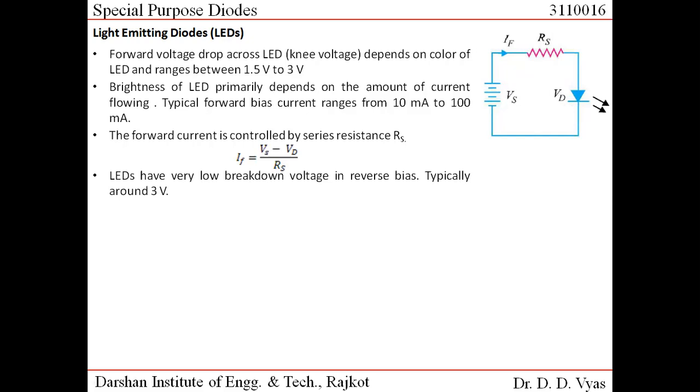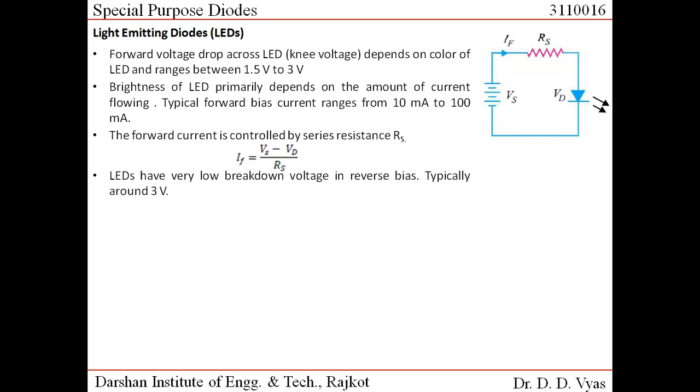It is important to understand that an LED has a low breakdown voltage when reverse biased. This is typically around 3 volts, a relatively low reverse bias voltage, and hence care should be taken that LEDs are not accidentally subjected to reverse bias voltage. Otherwise, there are all chances that the LED would get damaged.